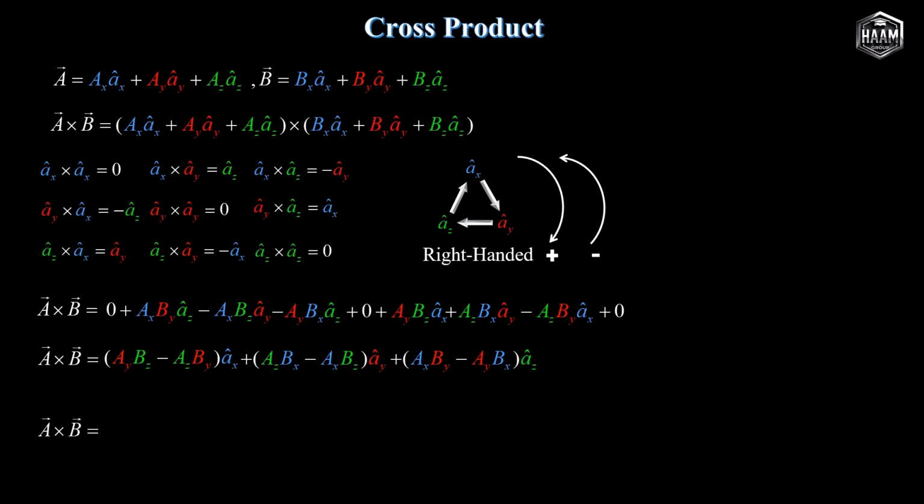Equivalently, this cross product can be expressed as a 3 by 3 determinant in Cartesian coordinates. A cross B equals the determinant of the 3 by 3 matrix with row 1 a hat sub x, a hat sub y, a hat sub z, row 2 A sub x, A sub y, A sub z, row 3 B sub x, B sub y, B sub z.